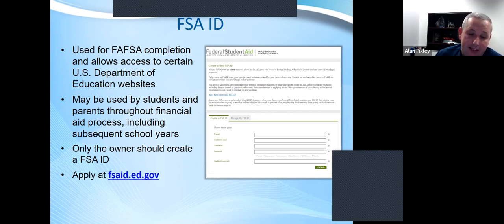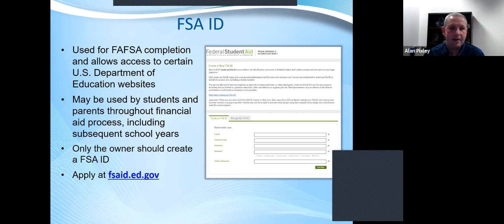I'm talking about the FSA ID. FSAID.ed.gov is the website that you use to obtain the FSA ID. I thought we had a typo. I'm already off to the FAFSA. I forget that I'm trying to get you guys to get an FSA ID. So you get your FSA ID by going to fsaid.ed.gov, and that's where you're going to set up your username and password.